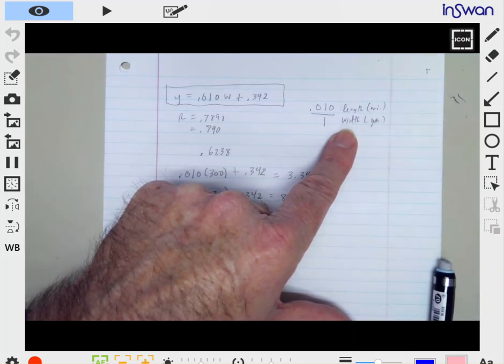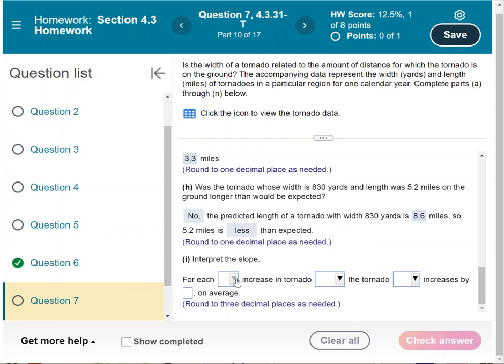So let's see if we can find that response. For each mile increase in tornado width, the tornado... I said that wrong.